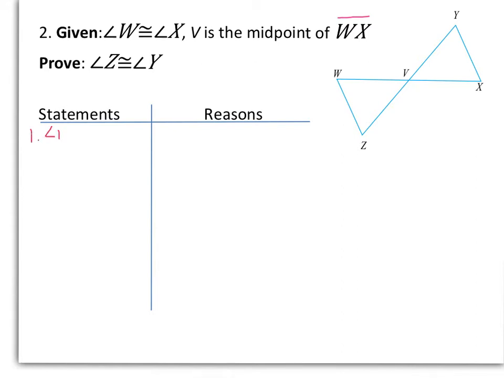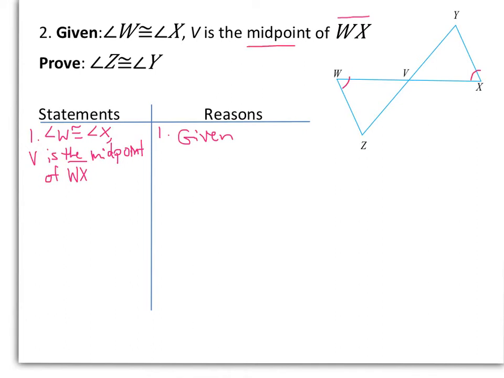So we have angle W is congruent to angle X, and V is the midpoint of WX. Alright, now I'm going to mark, almost forgot my reason. It's because they are given. And now I'm going to mark my diagram. So we have angle W is congruent to angle X, and then V is a midpoint of WX.